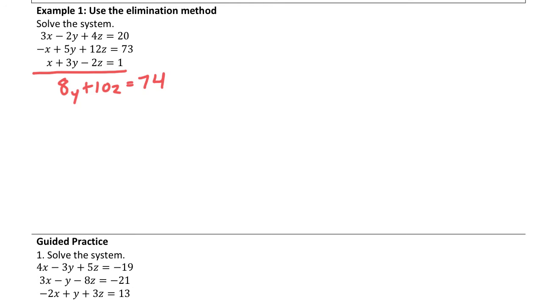So what I am going to do is take equations 1 and 2. The first equation, and then the second equation, I'm going to think about what I have to multiply the second equation by to get the x's to match up. I'm going to multiply the second equation by 3. So the second equation becomes negative 3x plus 15y plus 36z equals 73 times 3, which is 219.